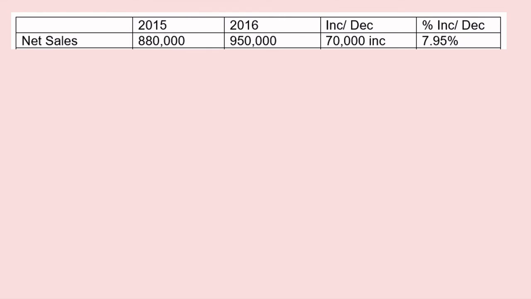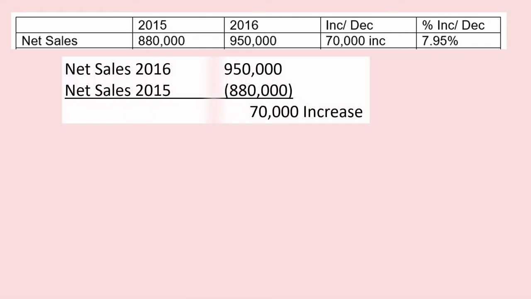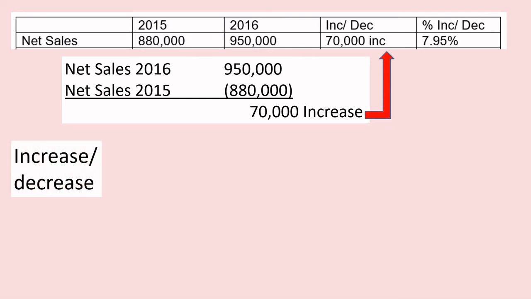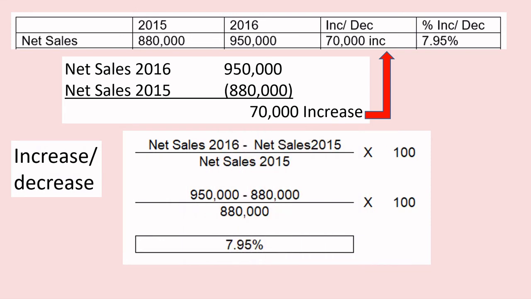Again, to compute for peso change, ang formula ay balance of current year minus balance of prior year. So, ang sagot natin dito, 70,000 increase. To compute naman for percentage change, again, ang formula natin, balance of current year less balance of prior year divided by balance of prior year times 100.